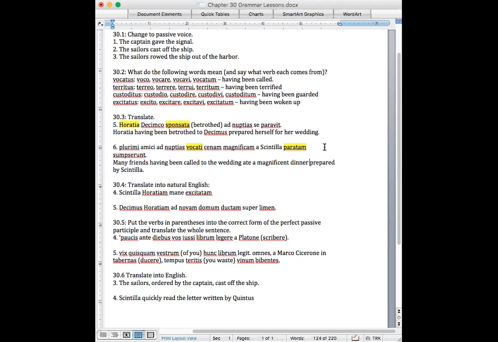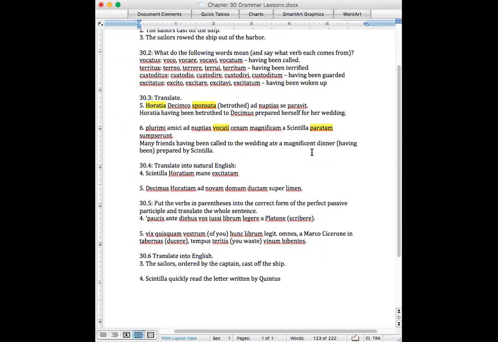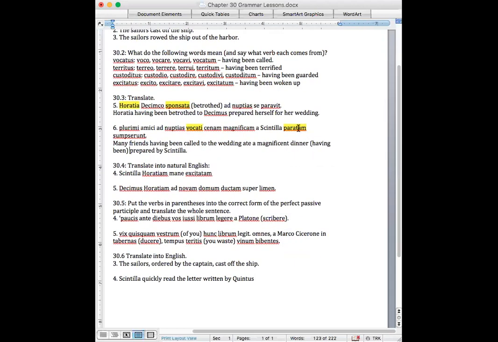You could put having been in there, that's fine. But you have been doing paratam to this point as just prepared, as if it were an adjective. That is perfectly acceptable. The having been part is understood, and the passivity is in there indicated by.